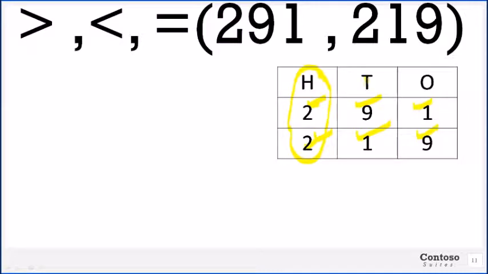In case of tens, there are two digits, that is 9 and 1. Among these two digits, we can easily identify that 1 is the smaller one and 9 is the larger one. From this step, we can easily identify that 219 is the smaller one and 291 is the larger one.